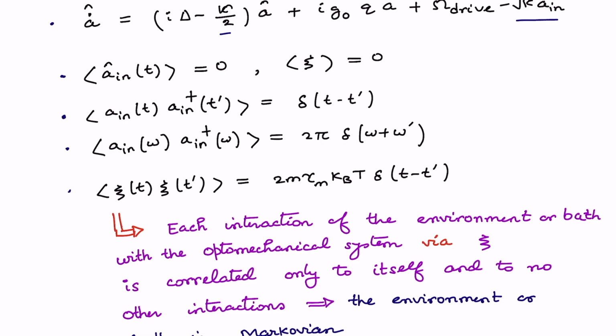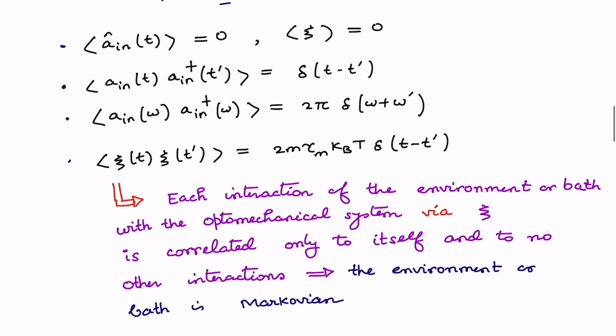What is to be remembered here, for example, is that xi of t dash is equal to this expression. Physically, it means that the interaction of the environment or the bath with the optomechanical system via this Langevin noise xi is correlated only to itself, because it is delta correlated. So it is correlated only to itself and to no other interactions.